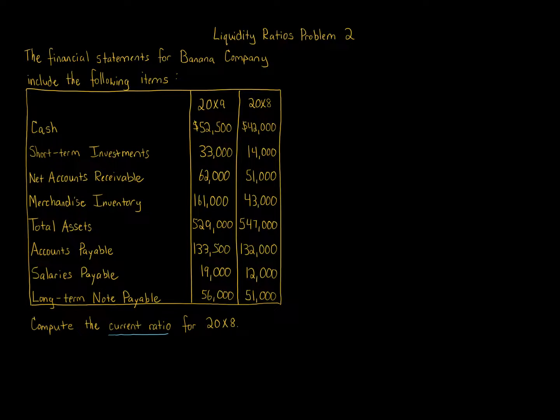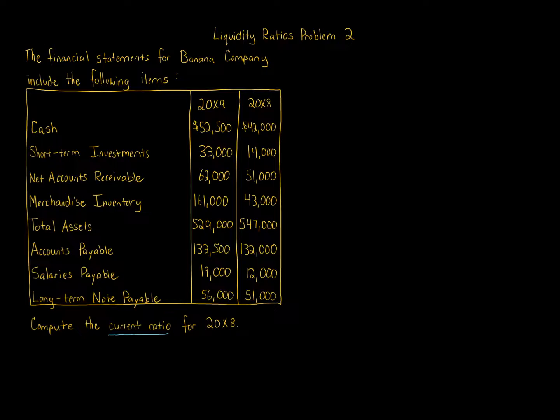Now, working capital is current assets minus current liabilities and helps show the company's ability to pay current liabilities. The issue with working capital is it's a dollar amount, so you can't compare a large company to a small company because that's comparing apples to oranges.